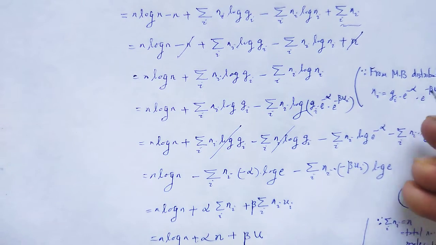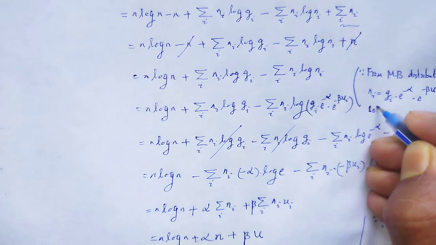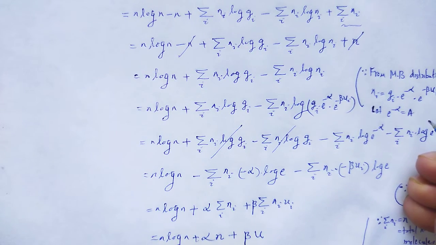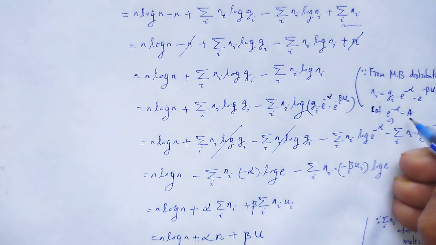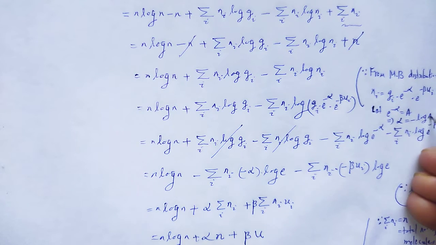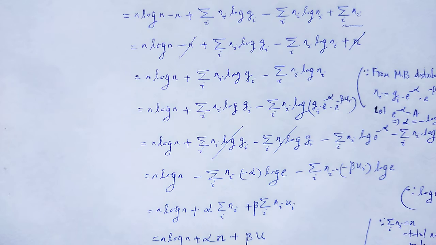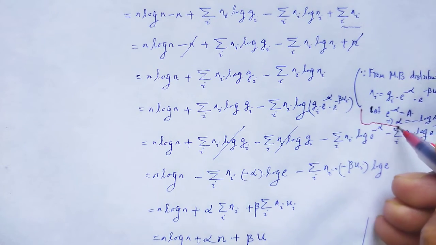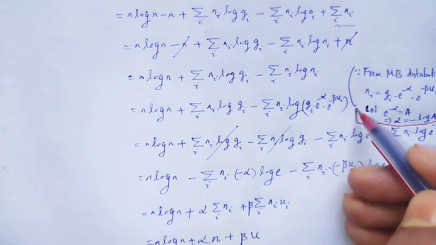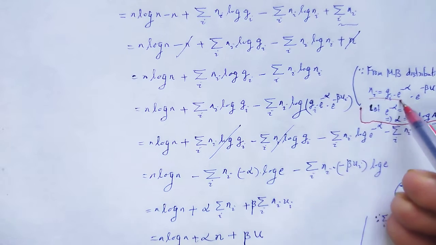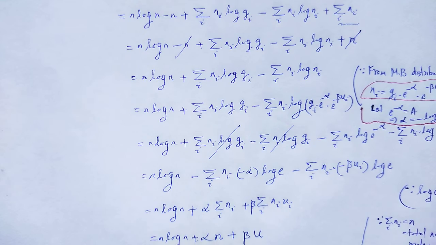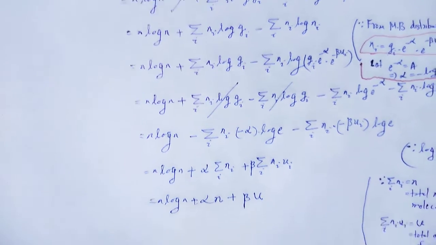Let e to the power minus alpha be equal to A, which implies alpha is equal to minus log A, and beta is equal to 1 by kT.